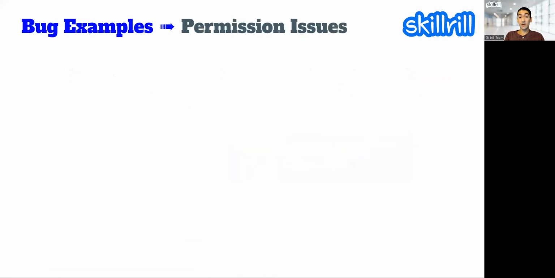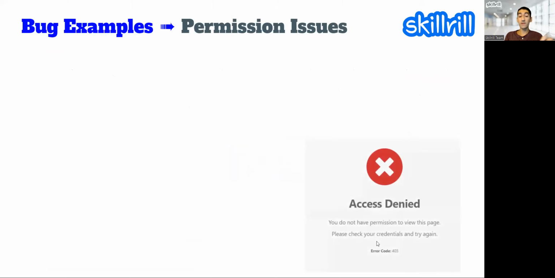So let's look into another category of defects that are called permission issues. Now, think of any application where you probably remember if there were any roles that are attached to the users.